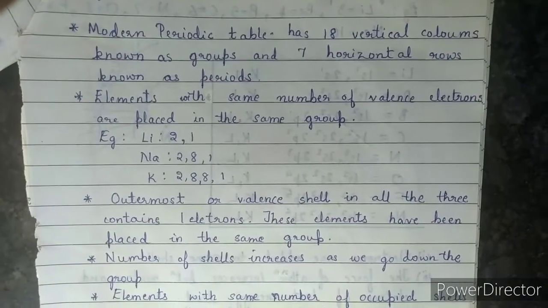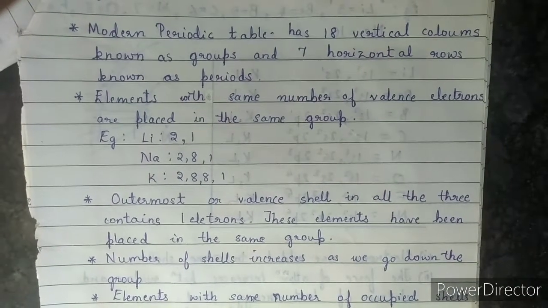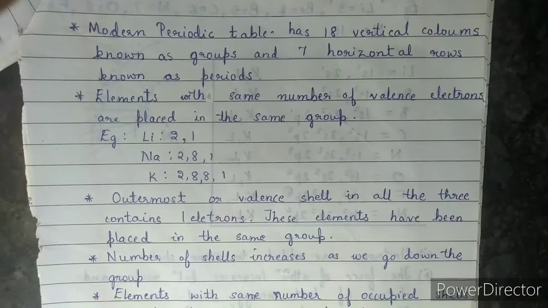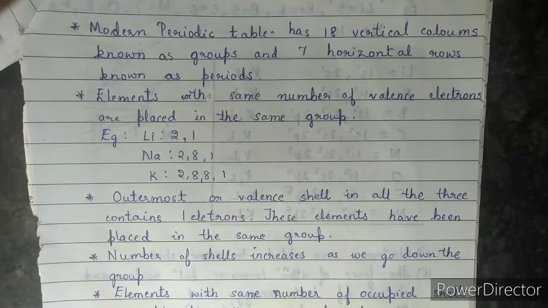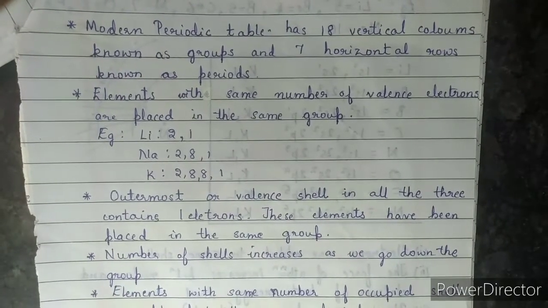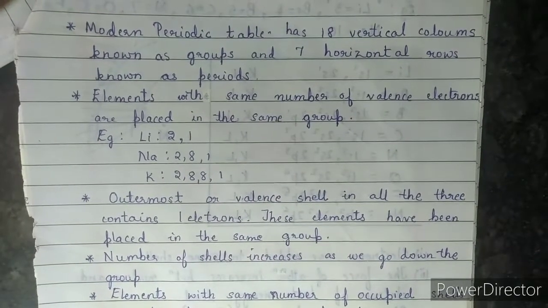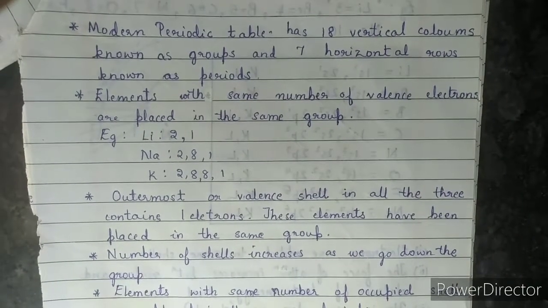The modern periodic table has 18 vertical columns known as groups and 7 horizontal rows known as periods. Elements with the same number of valence electrons are placed in the same group.